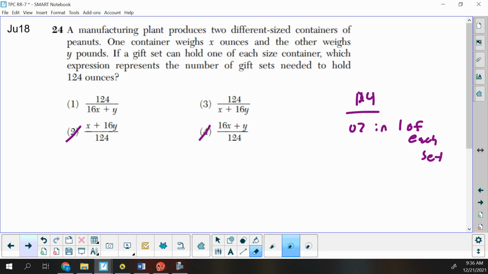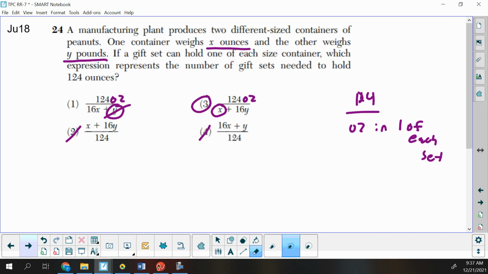And what we just need to be careful of is we want consistency in units. This 124 is in ounces. So we need to make sure both of our terms in the bottom are in terms of ounces. Well, X is in ounces, but Y is in pounds. So X is okay here, but Y is not okay there, because that would be in pounds.